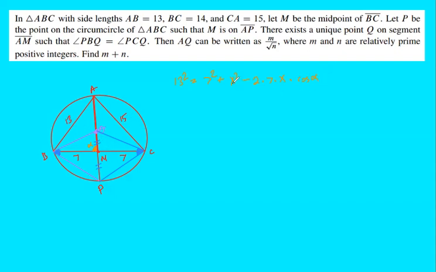So that will be cosine alpha. And if I use the law of cosines on the other side of that angle in this triangle, that will be 15 squared equals 7 squared plus X squared minus 2 times 7 times X times cosine of, since this was alpha, the other side will be 180 minus alpha.